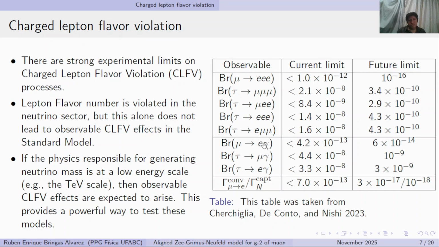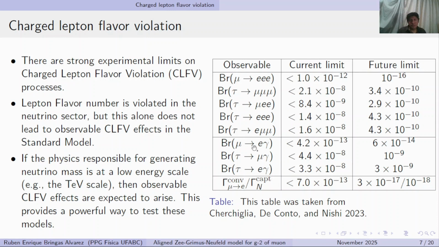The muon changes to an electron. That's something that we call charged-lepton flavor violation. The standard model has very strong limits, but when we implement new models, depending on the scale we use for new particles, we expect these effects to arise more strongly than in the standard model. That's something that we expect to happen.